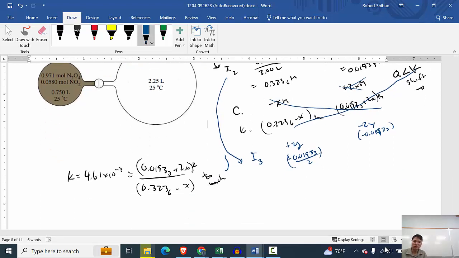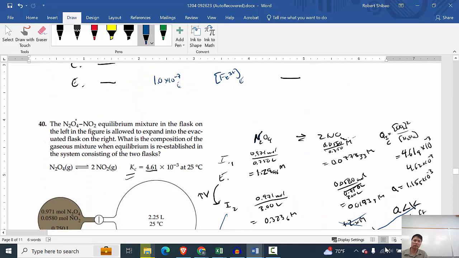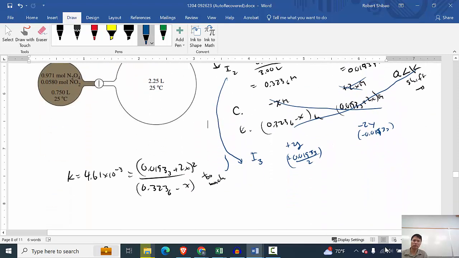And so my new initial condition will be this. That's the ratio, it's a 1 to 2 ratio. So I'll go 0.3236 plus 0.01933 divided by 2.